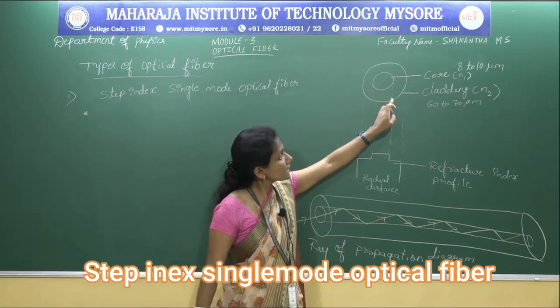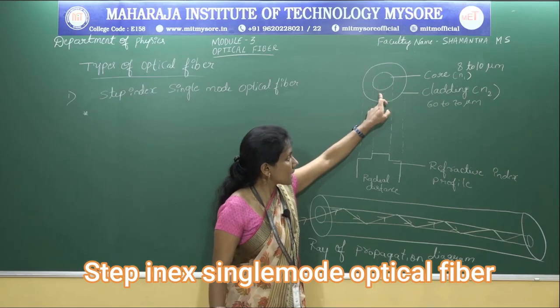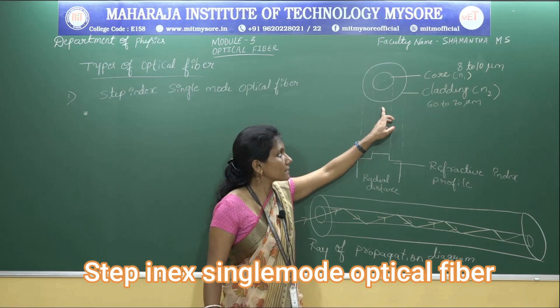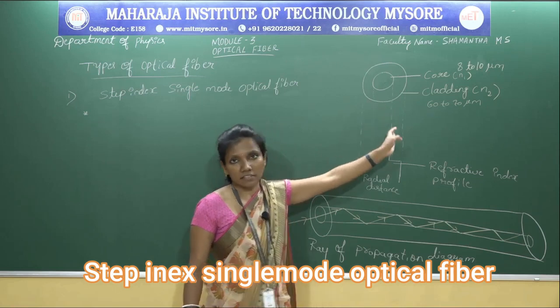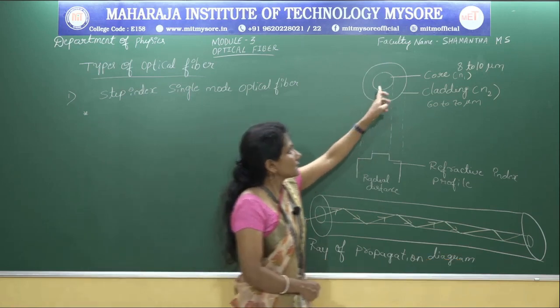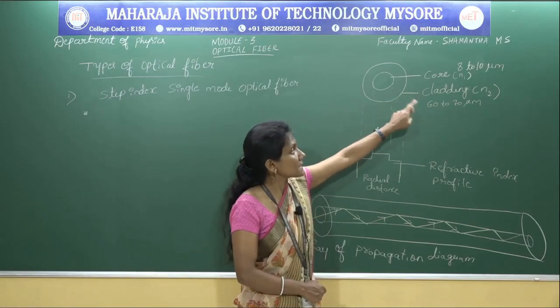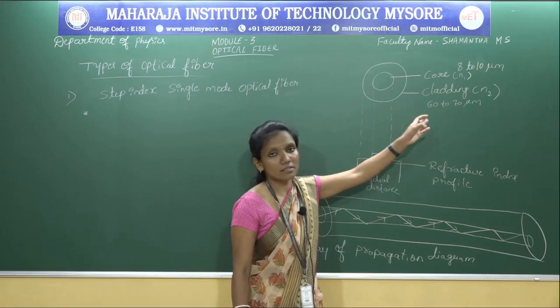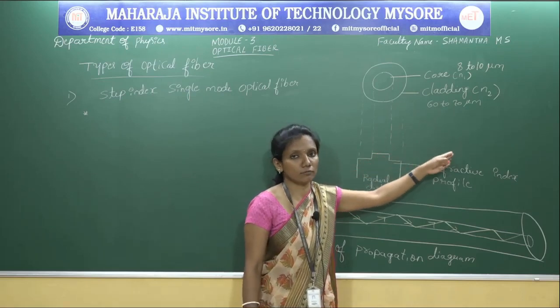The core is made up of refractive index n1 and the cladding has refractive index n2. The core diameter is 8 to 10 micrometer and the cladding diameter is 60 to 70 micrometer.